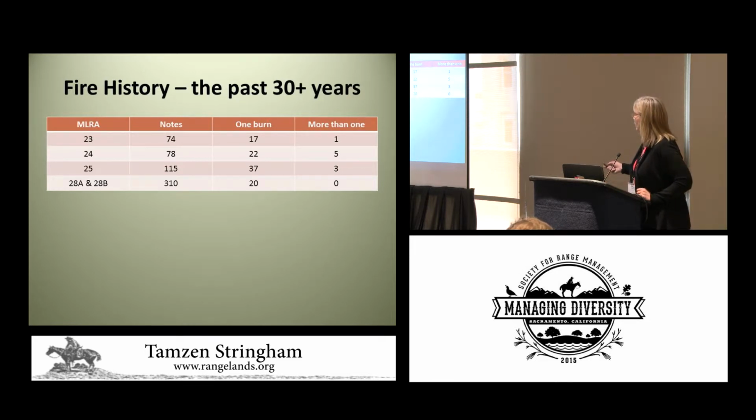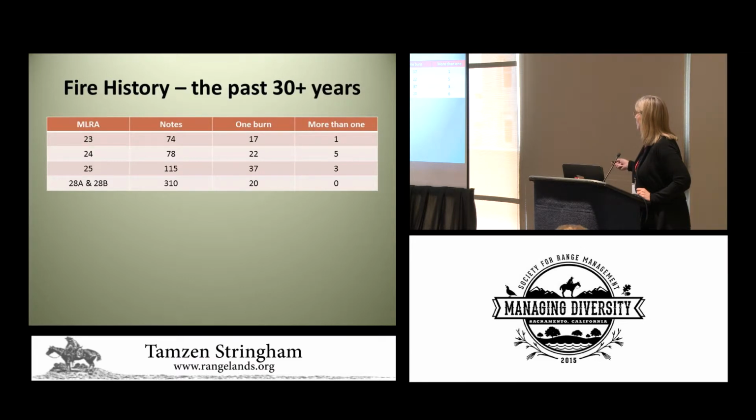So in the notes that we've looked at, in MLRA 23, we have 74 notes that saw one burn in the past 30 years, and 1 note that there was more than 1 burn. But in 24, we had notes that we had 5 fires that there were at least 2 burns or more in the last 30 years.